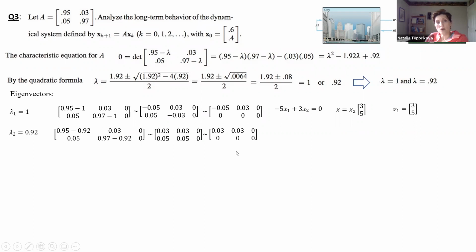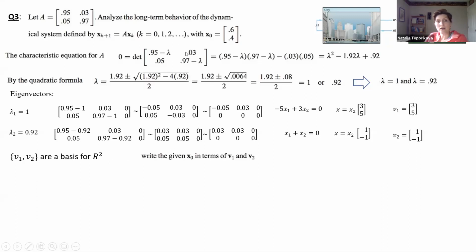Again, we have a free variable, so we can write our eigenvector in terms of the free variable x2. Because we want to keep things simple, we choose x2 equal to 1. So one of the eigenvectors, v2, is (1, -1).